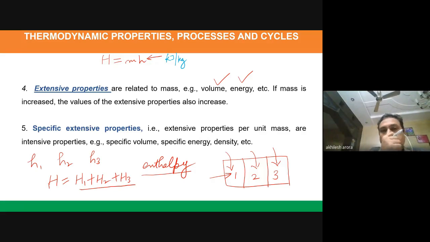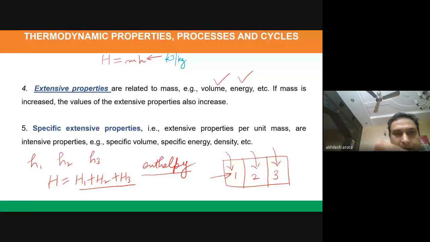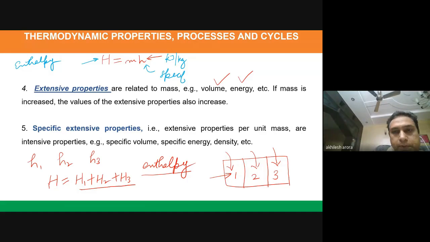Okay, this is the unit for the specific enthalpy. So when I say intensive properties, they are specific in nature. Specific means they are independent of the mass, or per kg of the mass. So when I am taking the enthalpy, capital H is enthalpy, whereas the small h stands for specific enthalpy.